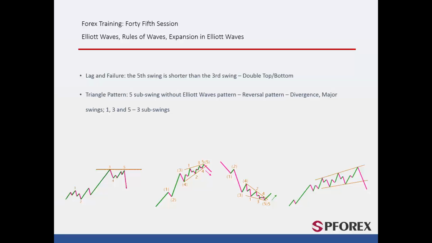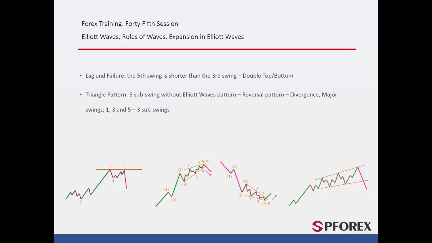The middle graph illustrates the extension on the third swing, while the right graph displays the extension on the fifth swing. Even if a trader could not detect the extension and main swings, he or she can consider the whole 9 swings in the analysis. Extension can occur on sub-swings too.